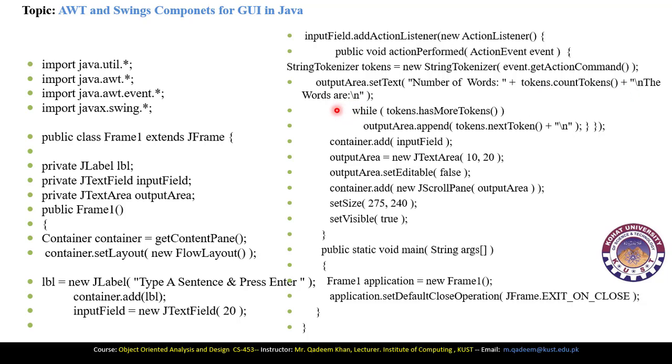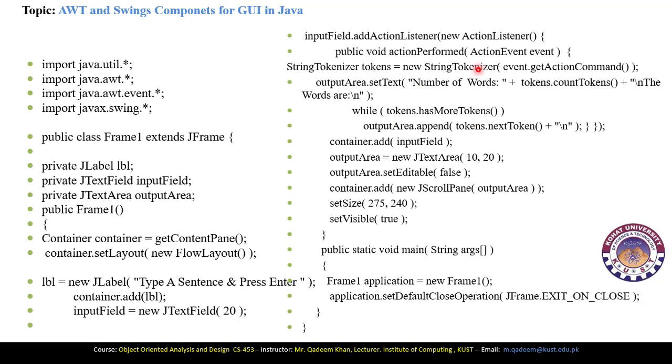The words are is a static sentence, while all these values will be displayed by using the while loop. While tokens has more tokens, so if there are a number of tokens or words, all of these will be displayed here. Output area dot append tokens dot next token plus slash n. So here all the tokens will be appended to the output area.